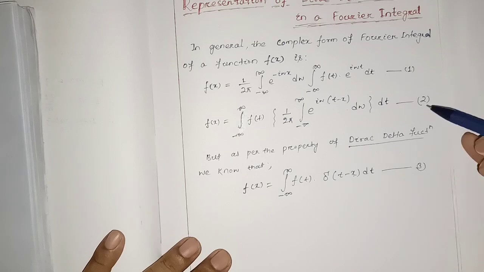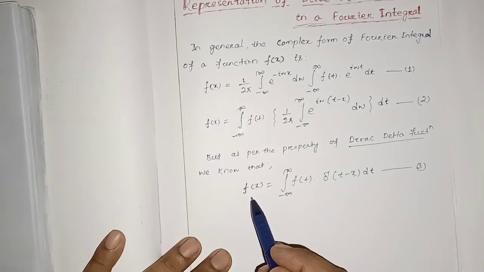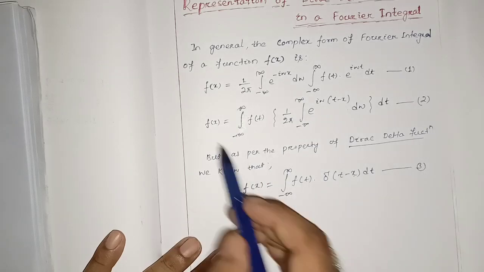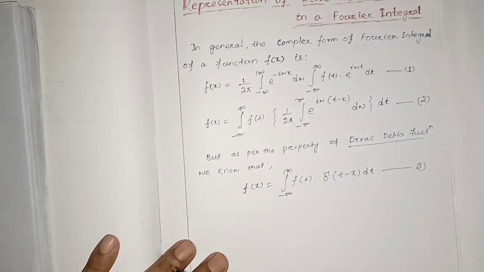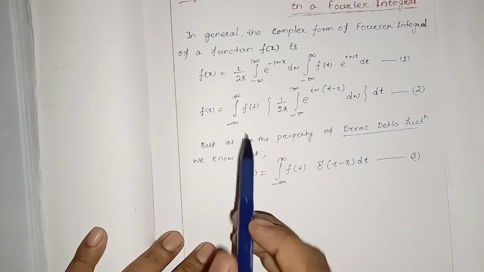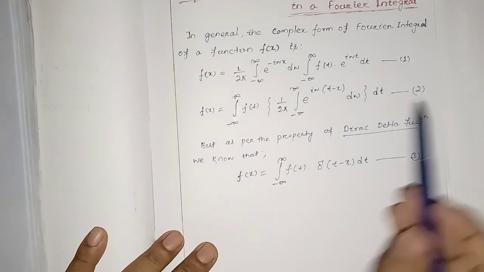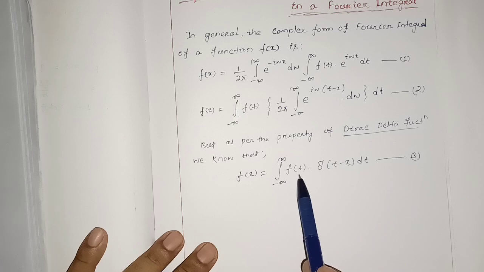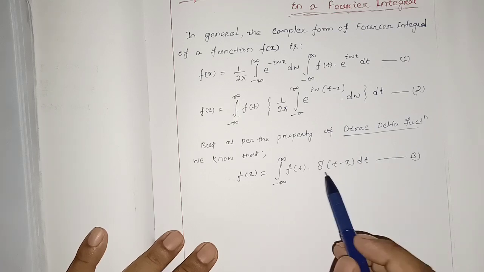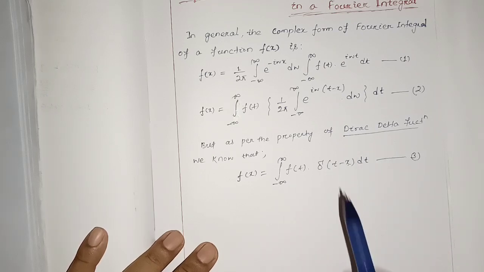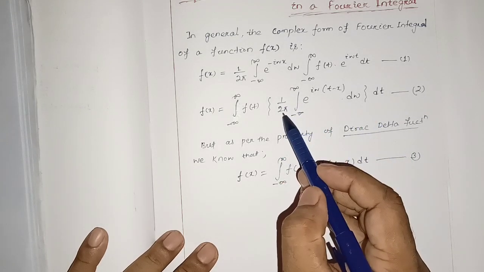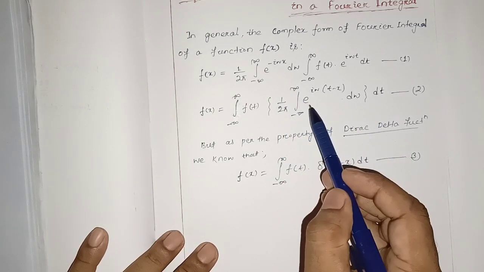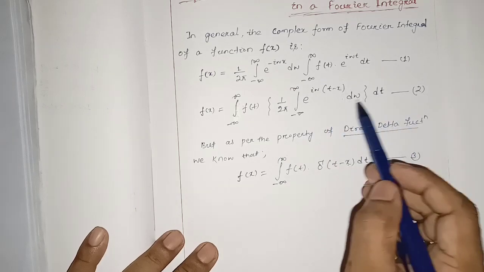Now just to compare equation number 2 and 3, both the left hand sides of equation number 2 and 3 are the same. So hence the RHS of equation number 2 and 3 has to be the same. If it is so, then in the RHS of equation number 2, f(t) is there, here f(t) is there. So delta(t minus x) has to be equal to this value, that is your 1 by 2 pi integral from minus infinity to plus infinity of e to the power i omega (t minus x) d omega.